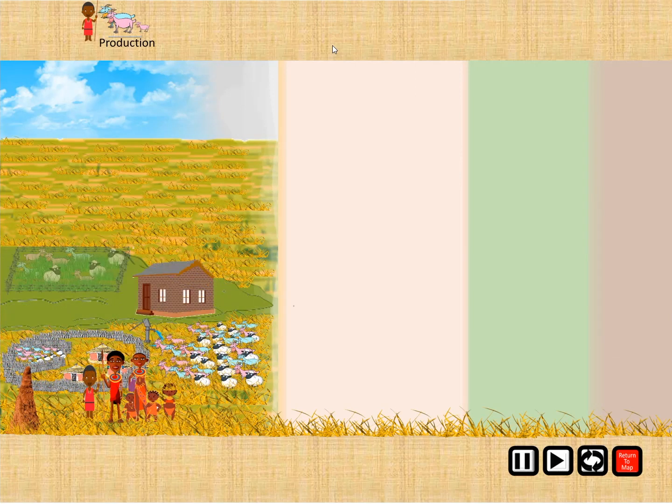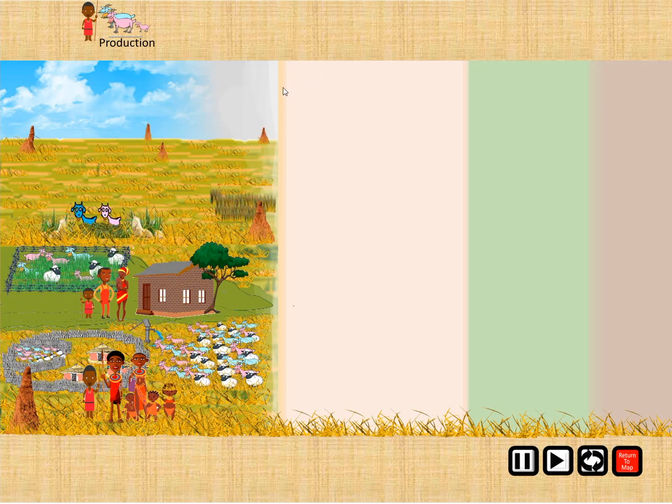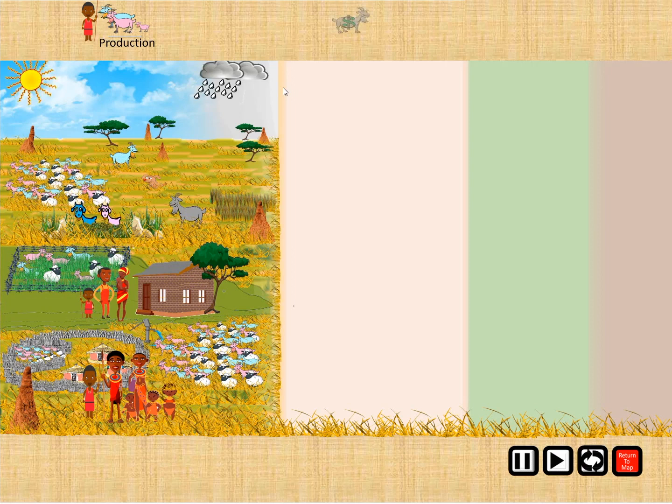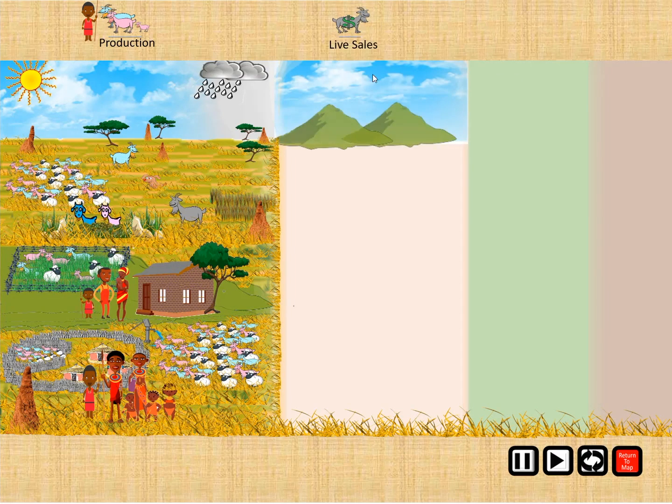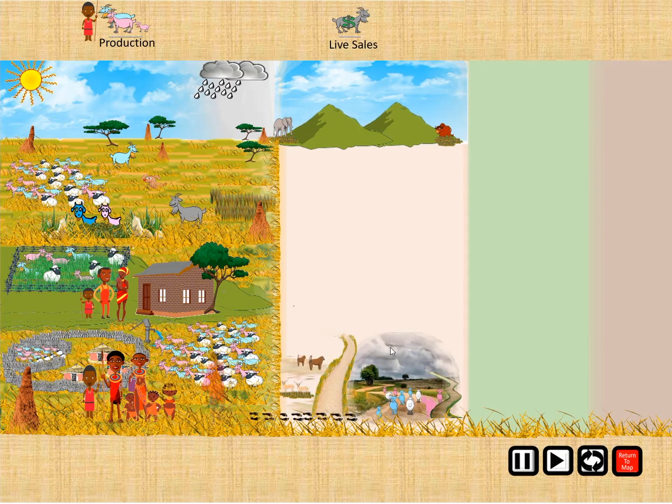It begins to unfold on its own. Same structure, production. This is one of my favorite maps. It takes you out into the savannah. Okay. Then you've got the live sales. You've got the transport. They often walk.